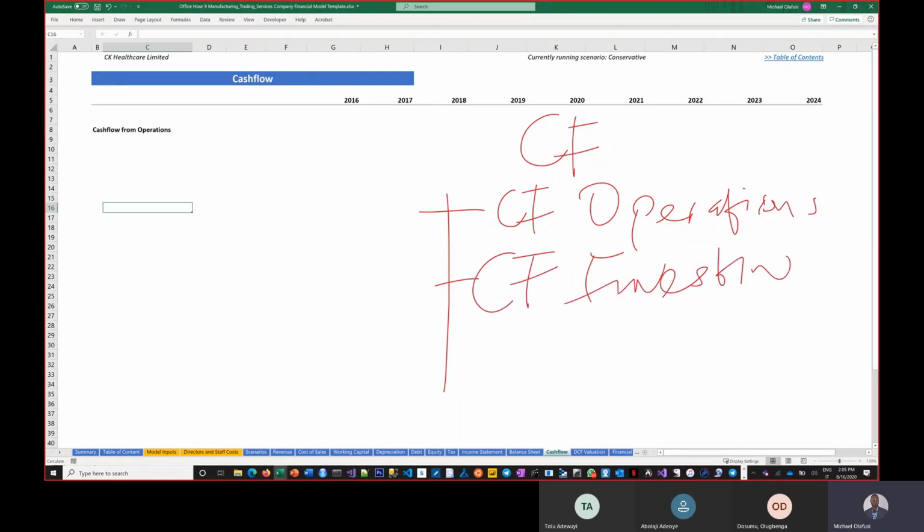Then there's the cash flow from investing. Cash flow from investing shows your capital expenditure, and if you divested any aspect of your business or sold off any fixed assets, it's going to be captured in investing. So one quick way, if you are building this, is to think long term.